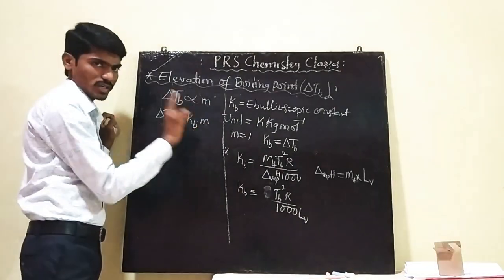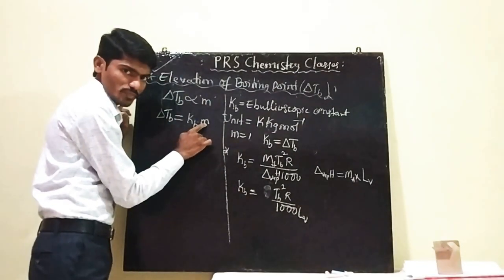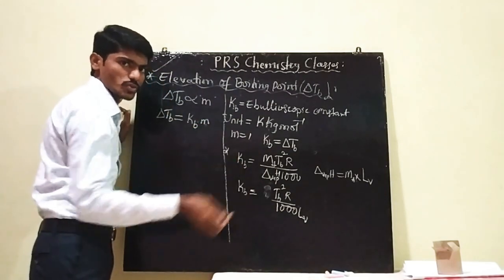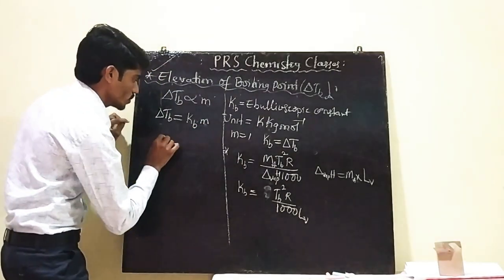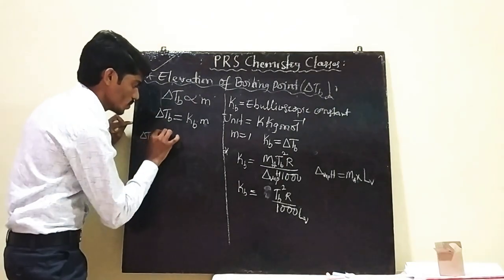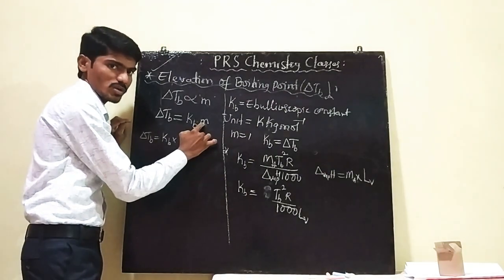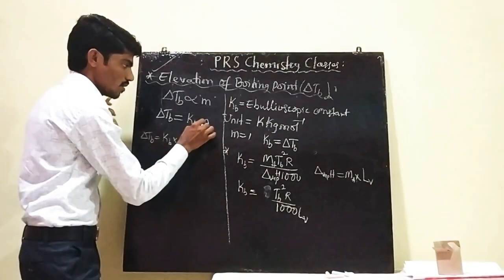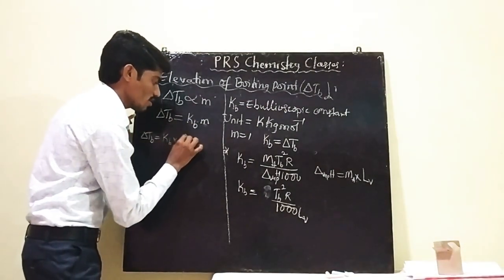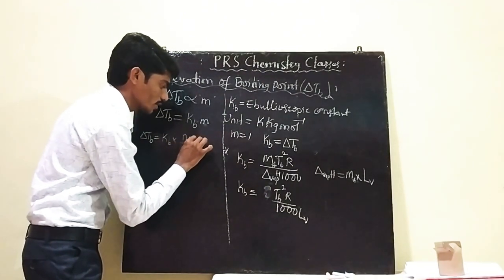To determine the molar mass you need a formula. For this, in place of m, just substitute its value according to the definition. Delta Tb is equal to Kb into m, where m is molality. What is its definition? Molality is the number of moles of solute divided by weight of solvent into 1000.